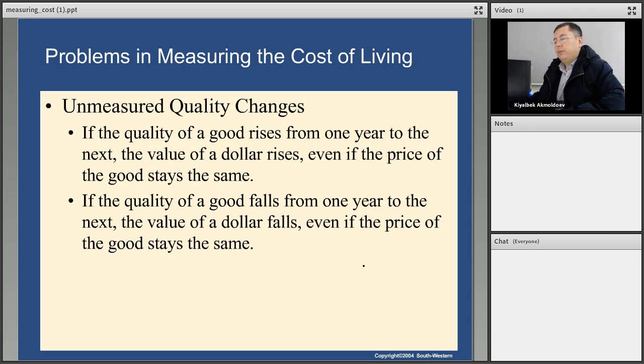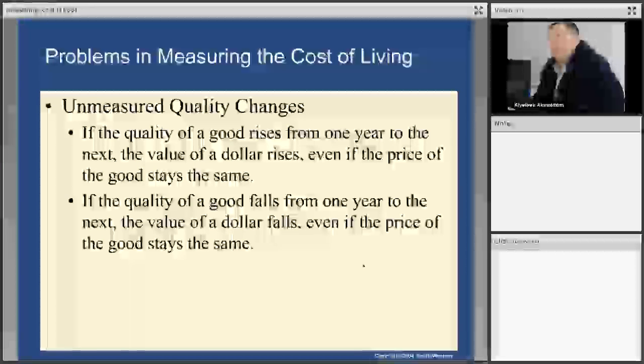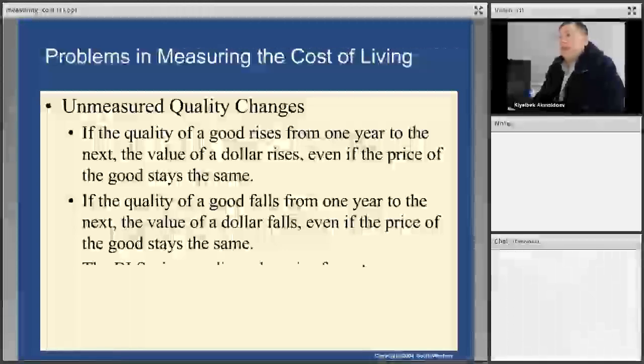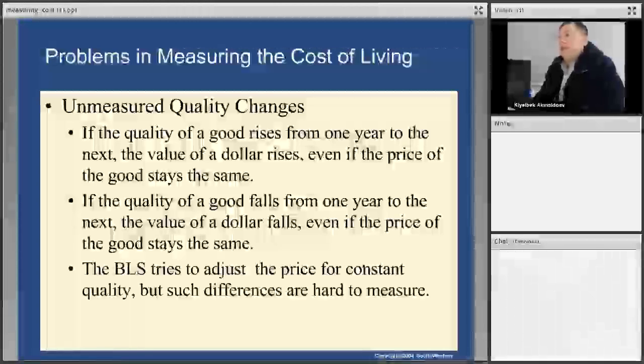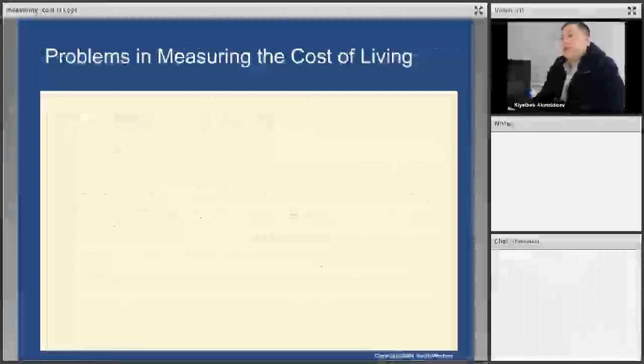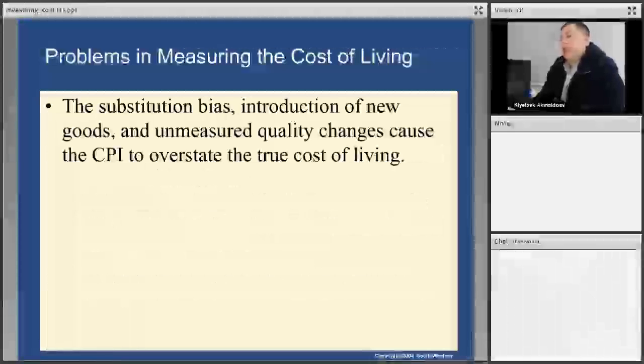As mentioned here, if the quality of a good falls from one year to another, the value of the dollar falls, even if the price of goods and services stays the same. So BLS or the National Statistical Committee tries to adjust the price for constant quality, but such differences are hard to measure.